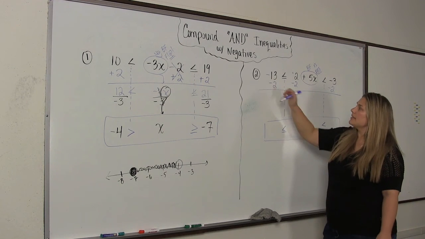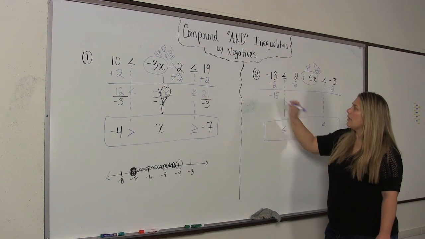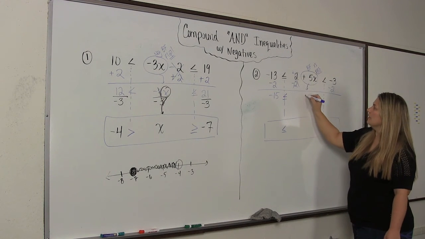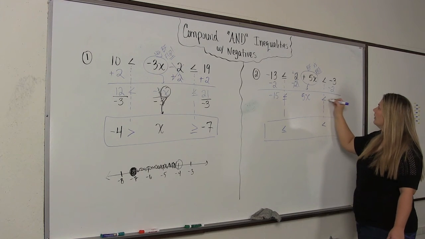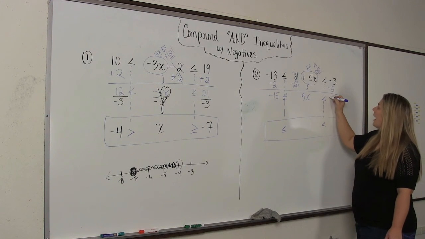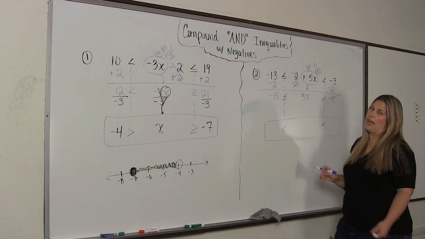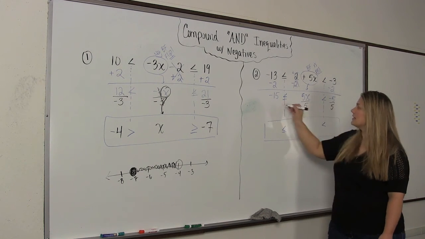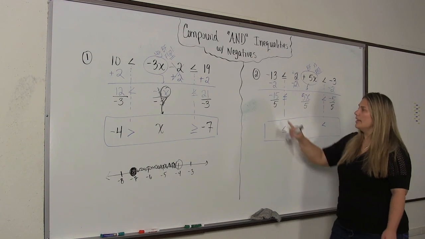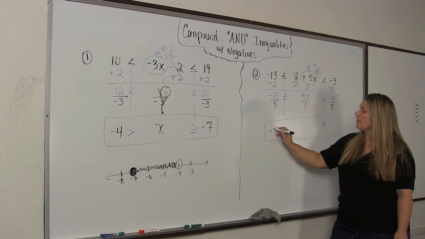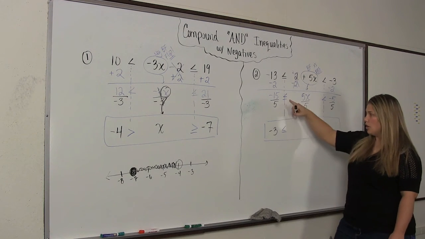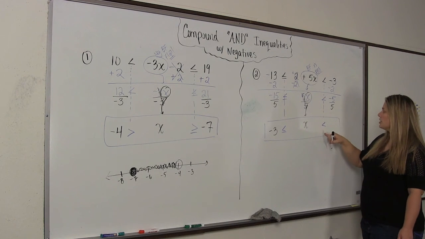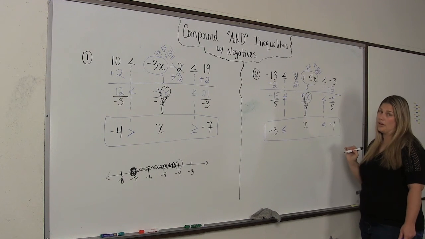Over here, same sign, add and keep, I get negative 15 is less than or equal to, I have a 5x in the middle, and over here, same sign, add and keep, I get a negative 5. For my final step, I have to get rid of that multiplying 5, so I have to divide 5 on all sides. Negative 15 divided by 5 is negative 3, which is less than or equal to that x, which is less than negative 1.